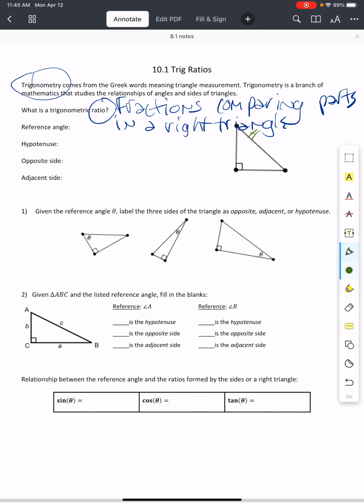So here, my hypotenuse is always on the exact opposite side of the 90-degree angle, okay? The hypotenuse is always the longest side, and it's always the exact opposite of the 90-degree angle, okay? So far, okay? So the issue with deciding opposite and adjacent, so I've got two more sides. Now, opposite means across, and adjacent means right next to.